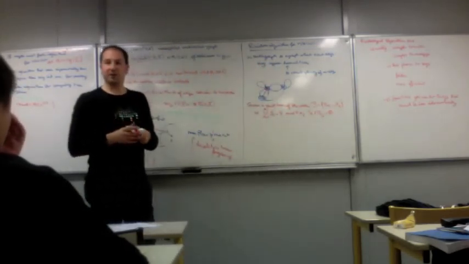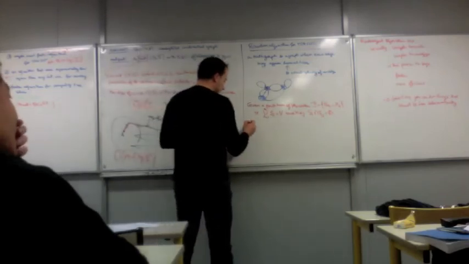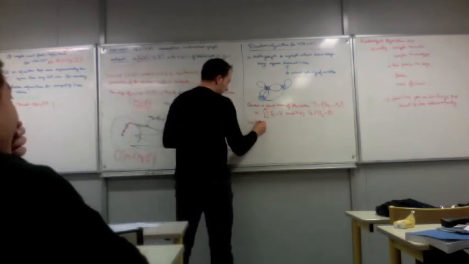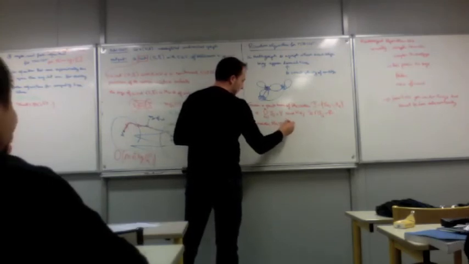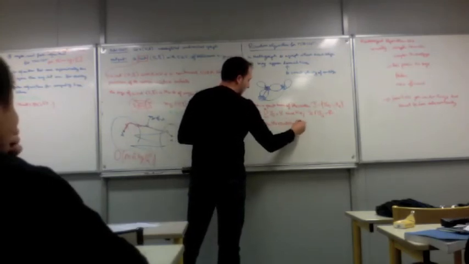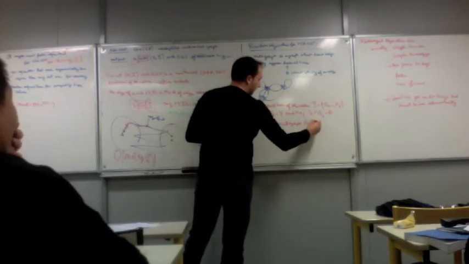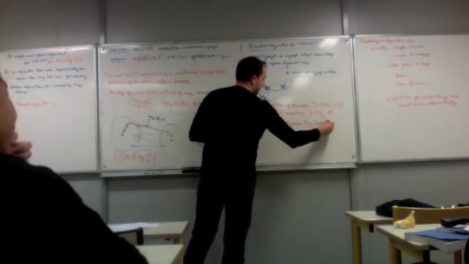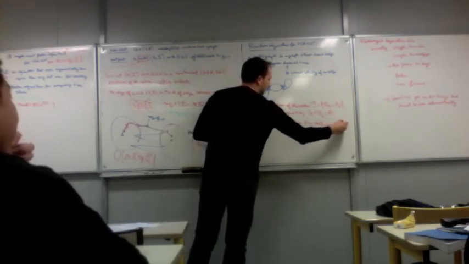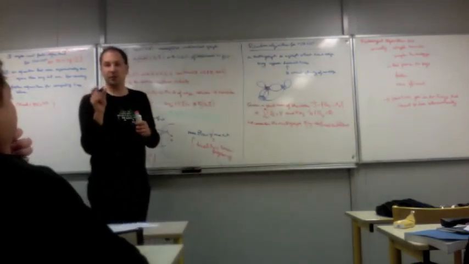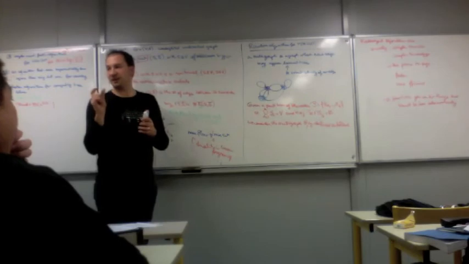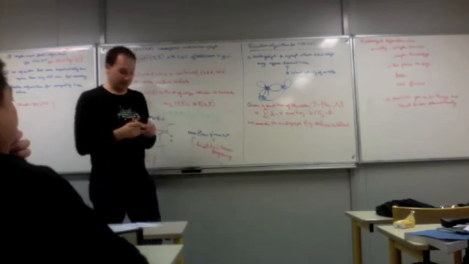So given a partition, we consider the multigraph G over P, defined as follows. We identify all the vertices within each set.